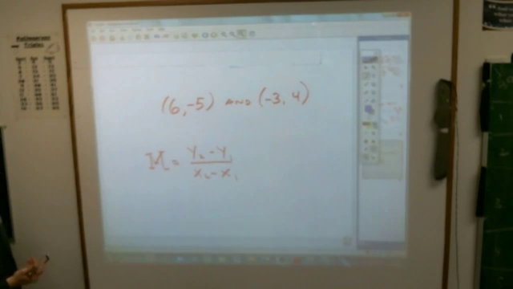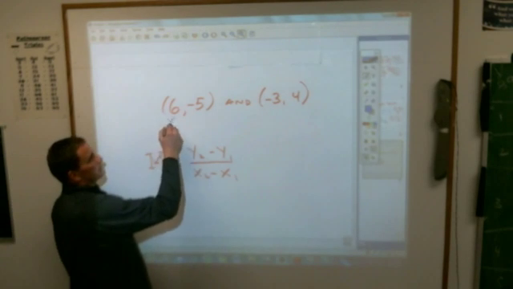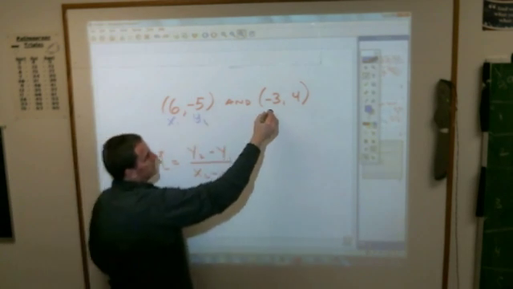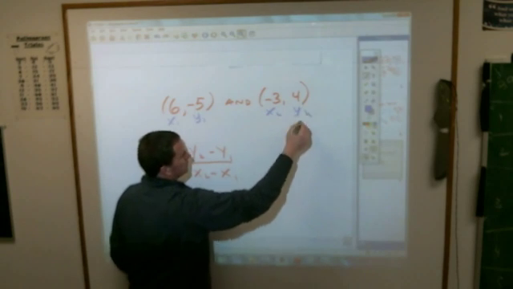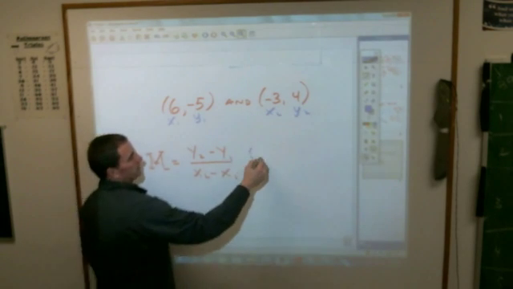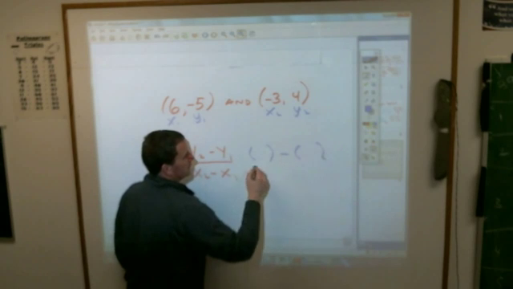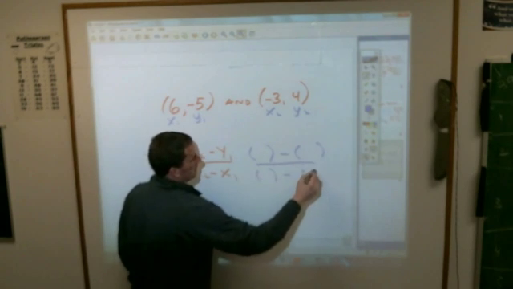Just for grins, I'll make the other one the 1's. It doesn't matter. x1, y1, x2, y2. Parenthesis minus parenthesis over parenthesis minus parenthesis.